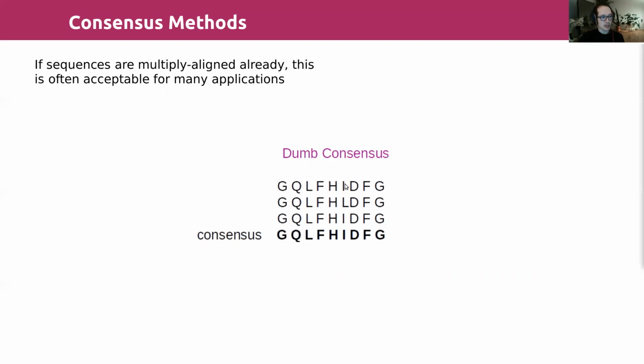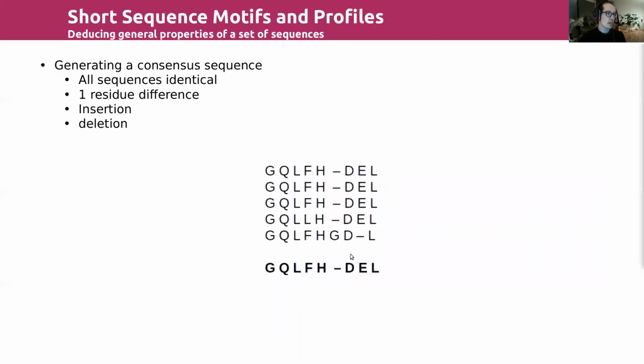For example, in this column, we have I and L competing for representation, but since there are more I's than L's, the consensus sequence reads I in this particular position. And for many applications, this is fine.